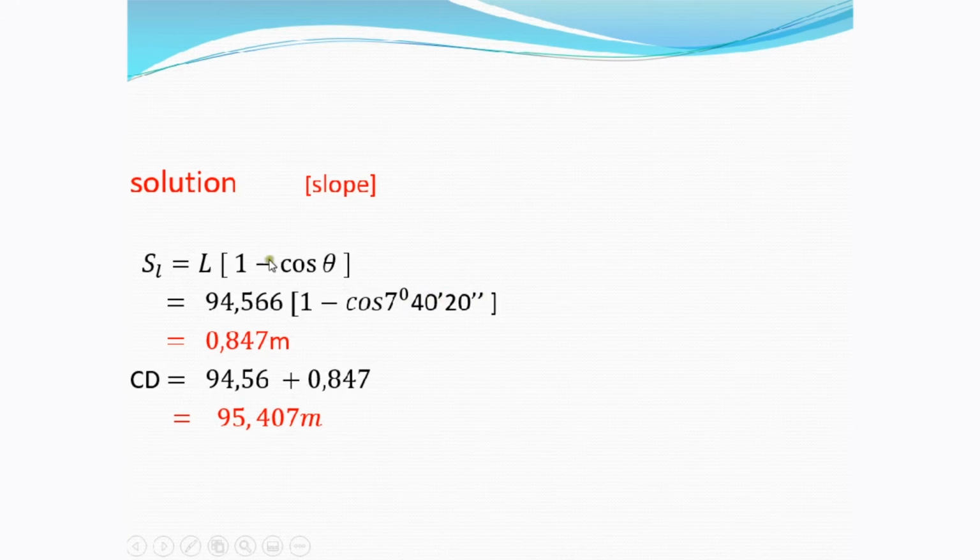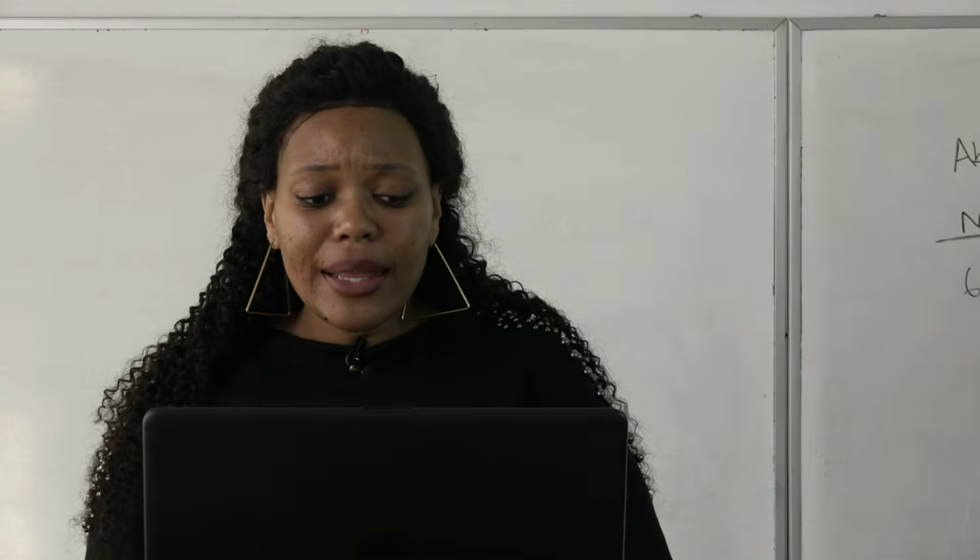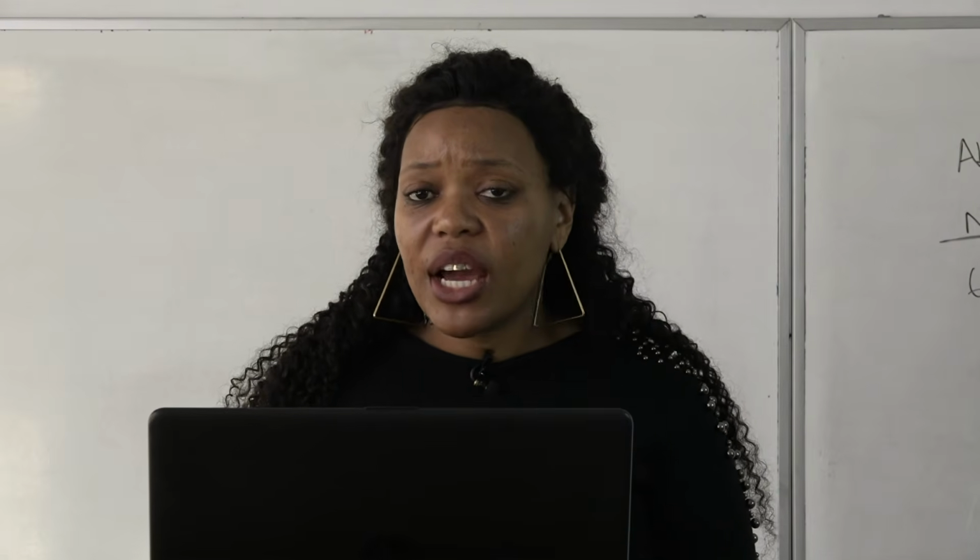Our length here will be 94.566 into 1 minus cos of 7 degrees, 40 minutes, and 20 seconds, which will give us 0.847 meters. This is the correction due to what? Due to slope. We haven't done what? The calculation for the correct distance.